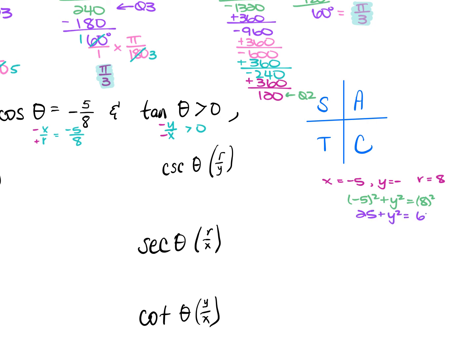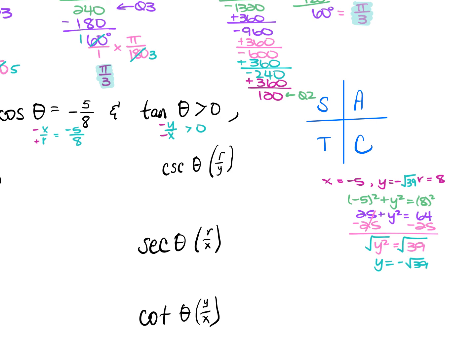The 8 squared is 64. Move your 25 over, subtract it from both sides, you're left with y squared is equal to 39. Take the square root of both sides, and you have that y is equal to the square root of 39. However, we said that y has to be negative, so it's the opposite of the square root of 39.